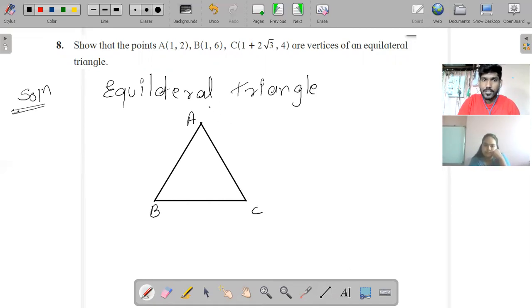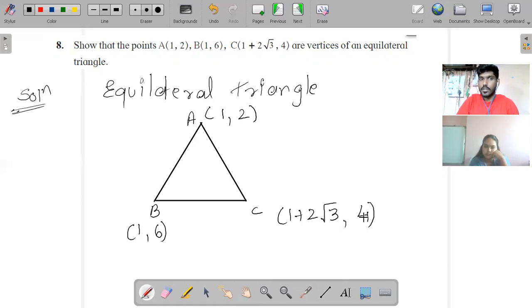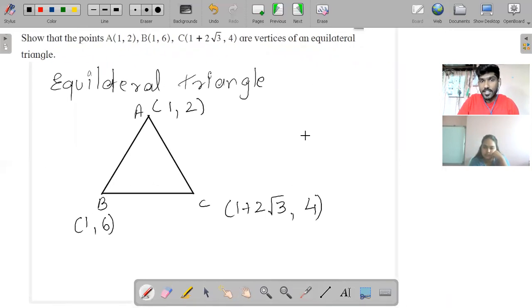So A has coordinates (1, 2), B has coordinates (1, 6), and C has coordinates (1 + 2√3, 4). We know when this will be an equilateral triangle: if distance AB is equal to distance BC and equal to distance AC.